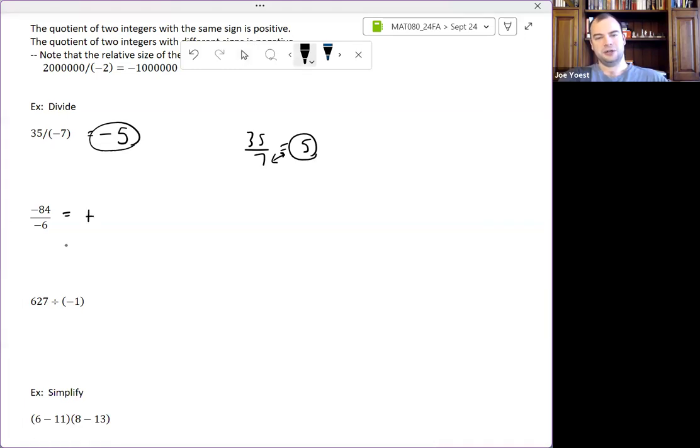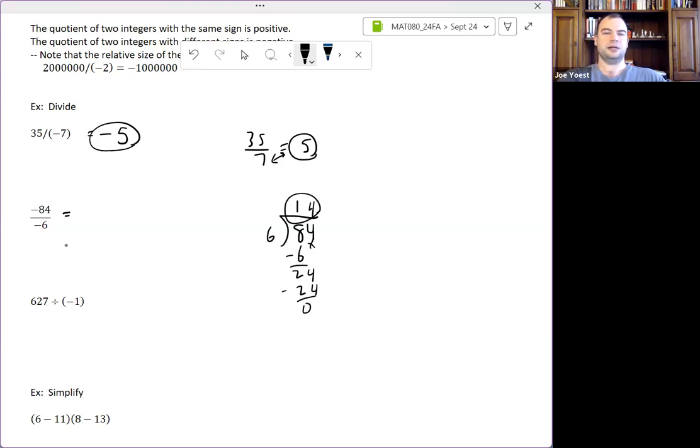-84 over -6, I know the answer is going to be positive. Well, instead of writing a plus there, which can maybe get a little confusing, I'm just not going to write a sign. I just remember that it's going to be a positive answer. And then 84 over 6, well, that might be a little difficult, but I can do long division. 6 goes into 8 one time, 1 times 6 is 6. 2 left over. 6 goes into 24 4 times. 0 remainder.